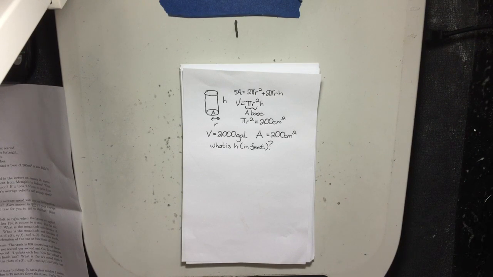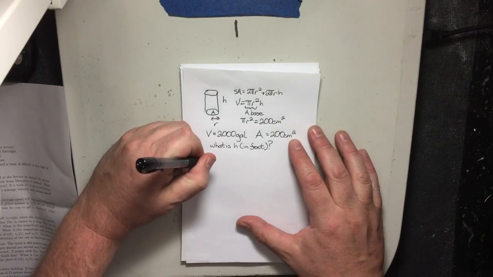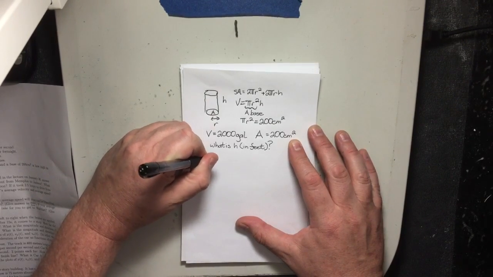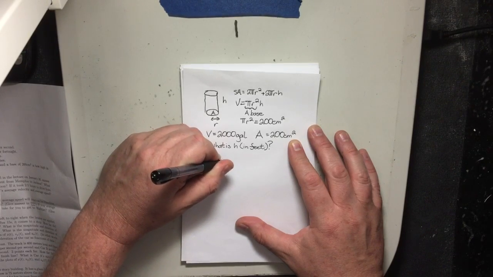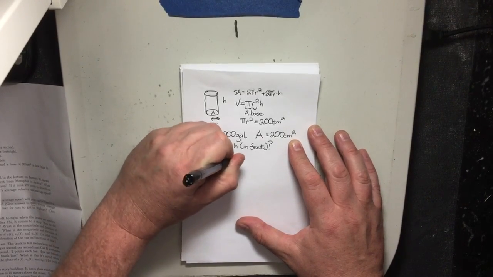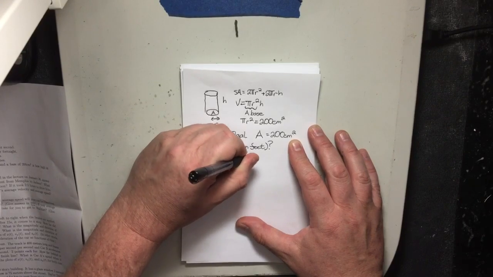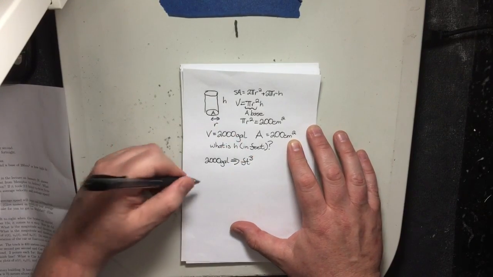So I've got an area of 200 square centimeters. I've got a volume. I need everything in feet. Maybe one of the things that I should do is change 2,000 gallons to cubic feet, just so I can get a number.